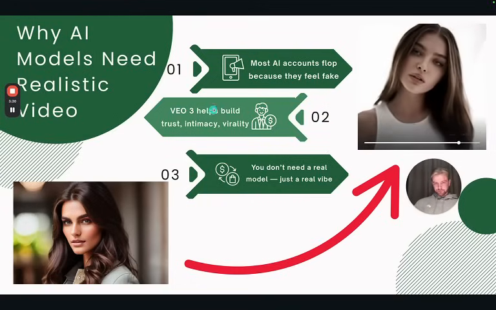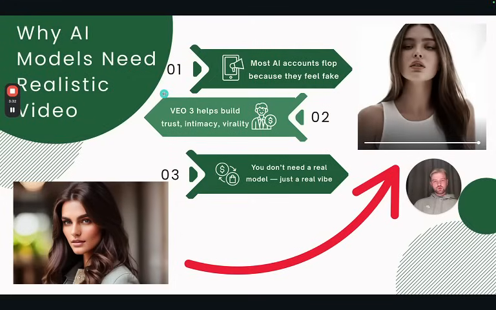Now, VEO3 is going to help you build trust, intimacy, and virality. VEO3 is going extremely viral. Yes, there will be people who realize that this is an AI video, but that's good for you, and it's a lot better than those fake, sexualized videos that people post, either face swaps or just unrealistic AI video.